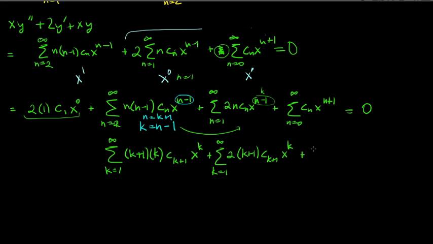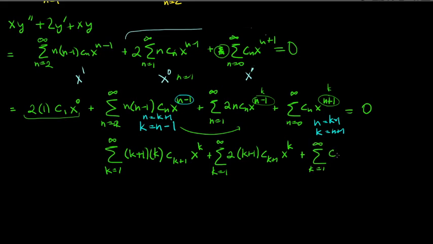And then finally, if we want this to be k, for the last term, this is going to be a little different. This is going to be k is equal to n plus 1, which means n is k minus 1. So we're starting at k is equal to 1.